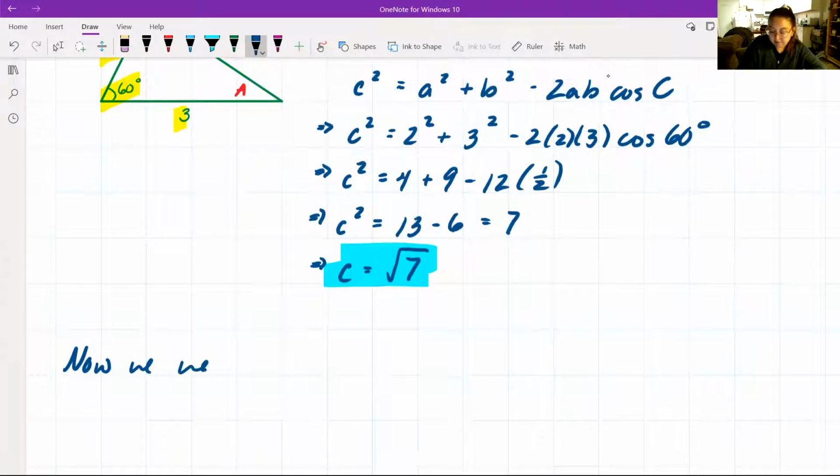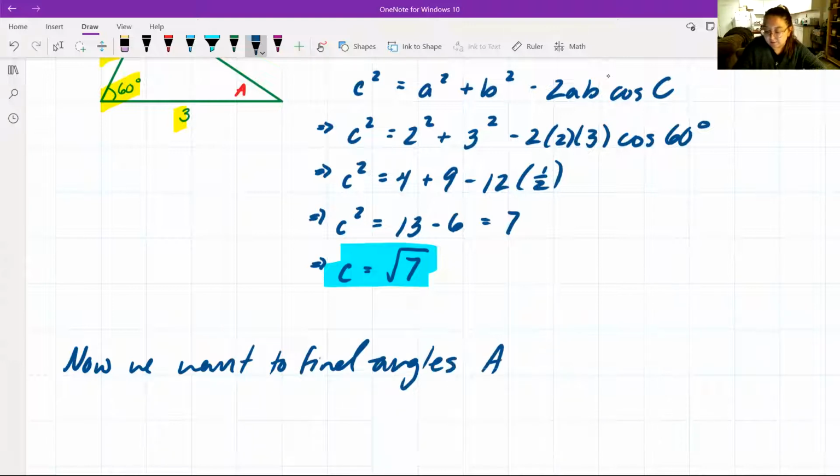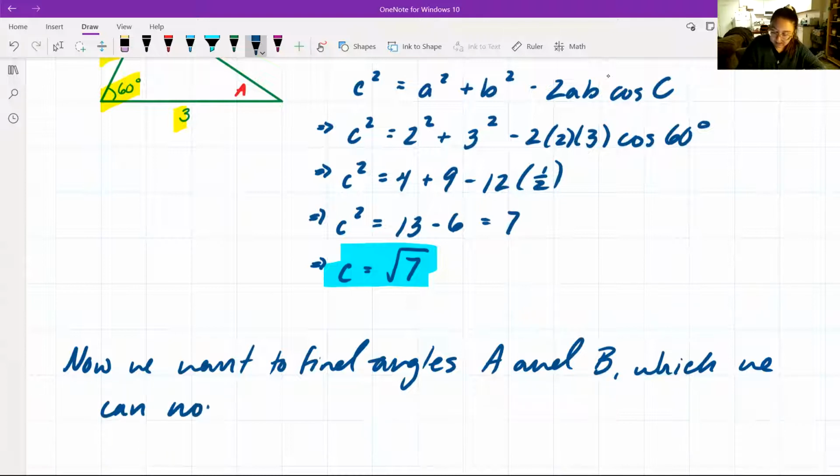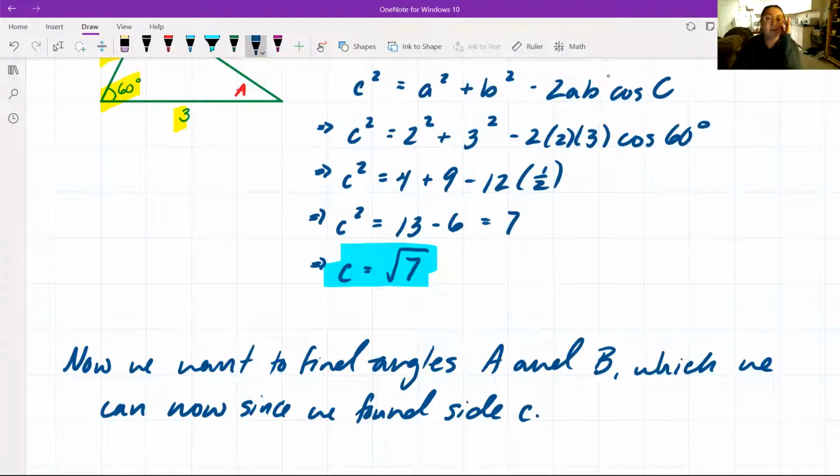So now we want to find angles capital A and capital B, which we can now, since we found side C, or the length of side C, which is the square root of 7.